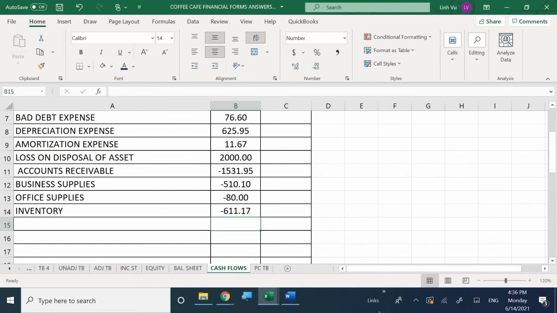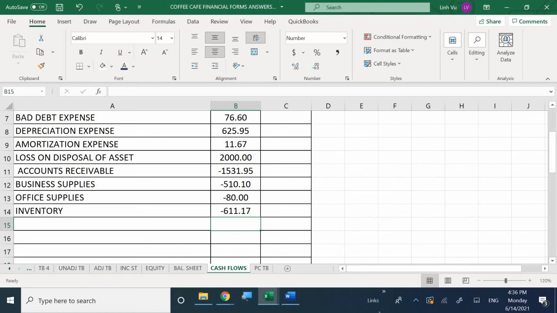Now notice this. There's a trend going on, right? You're noticing that all of your assets are things that you've spent money for, and that's correct. Therefore, you're going to subtract all of your assets. And guess what? The opposite is going to happen for your liabilities, because it's money that we haven't paid yet.